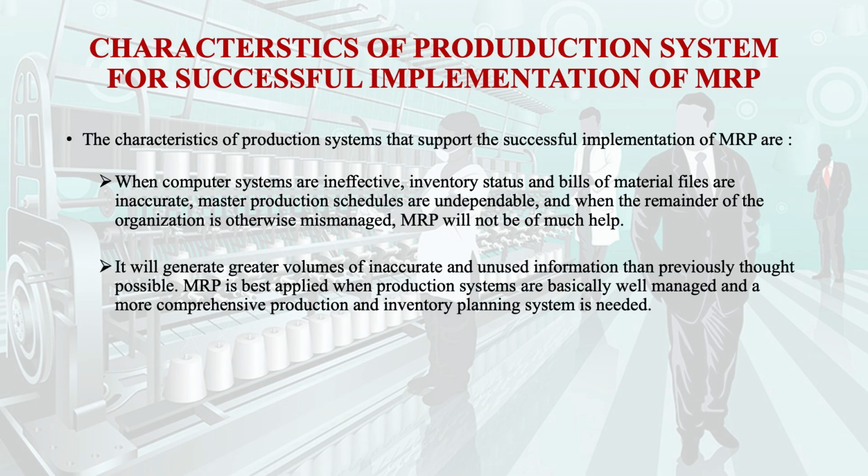MRP will generate a greater volume of inaccurate or unused information if all these systems are not working properly or in accordance with each other. There is a need to work in a more comprehensive manner, with synchronization between the production and inventory planning systems.